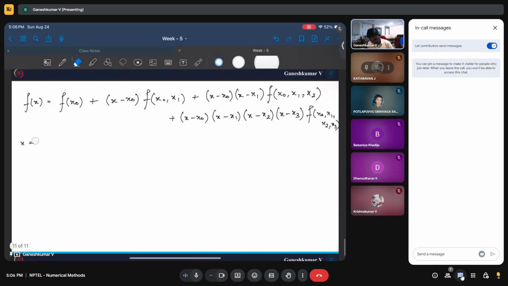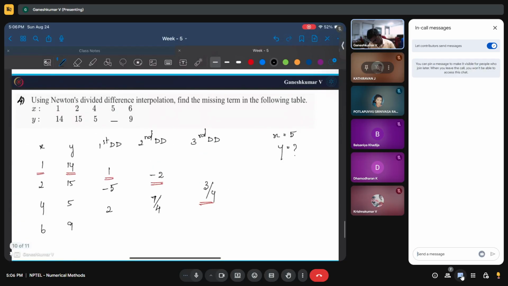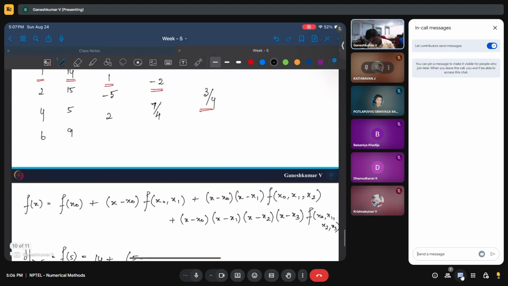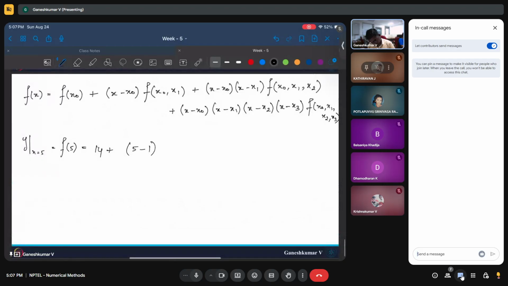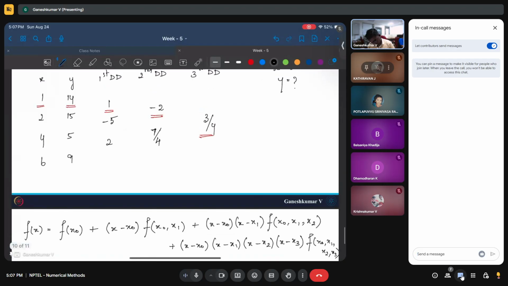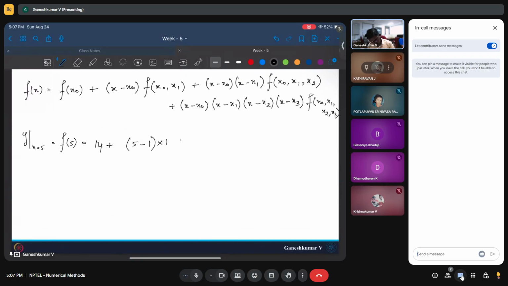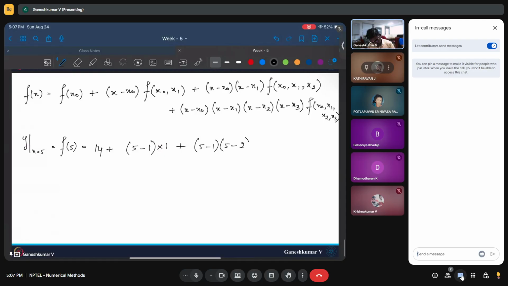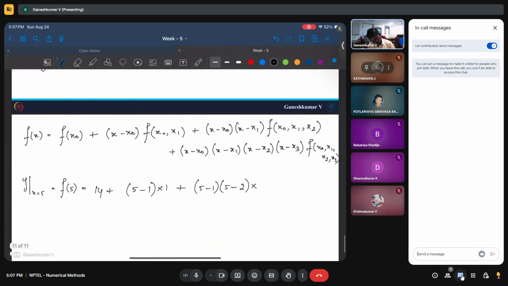So f of 5 is f of x naught, which is 14, plus 5 minus x naught, which is 1, times f of x naught x1, which is 1, plus 5 minus 1, 5 minus 2, times f of x naught x1 x2, which is minus 2.